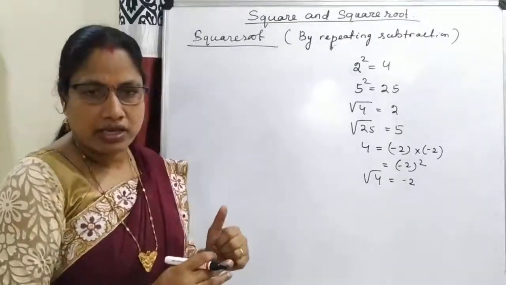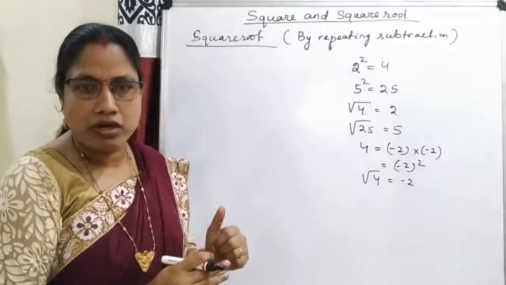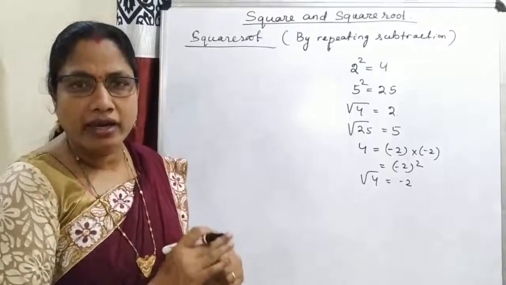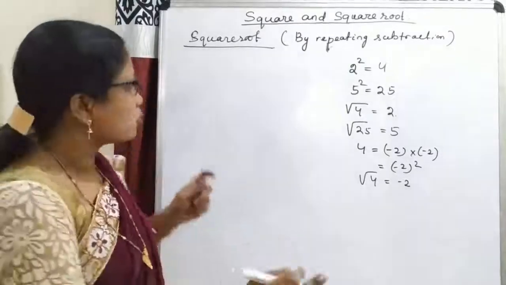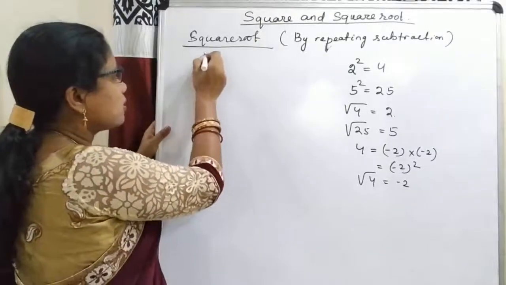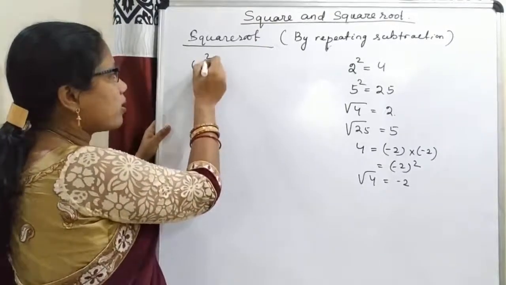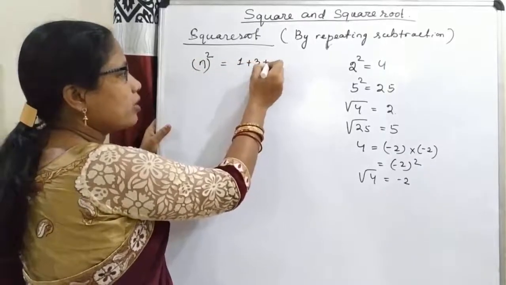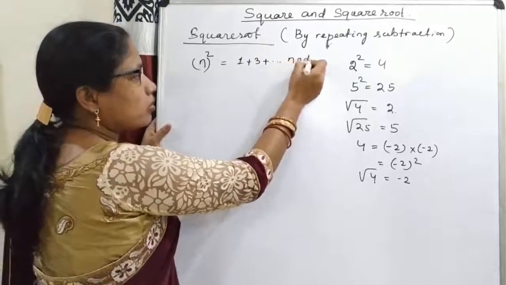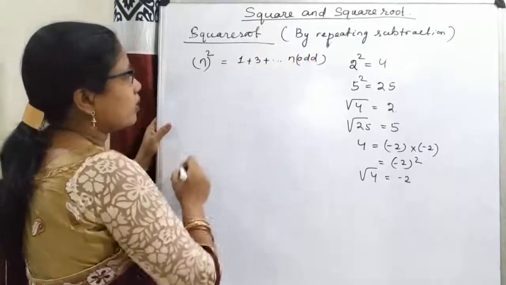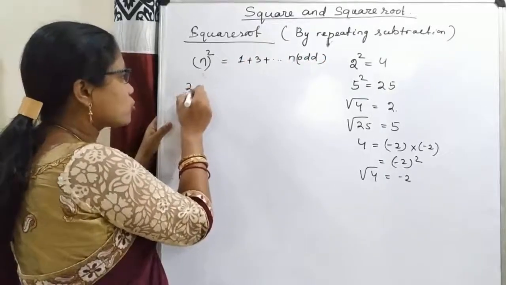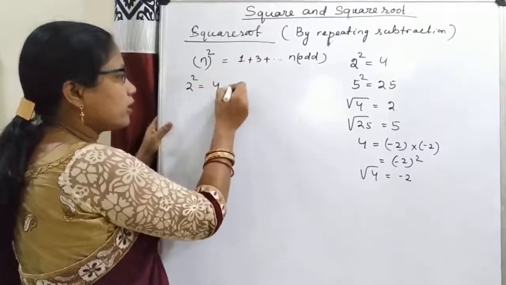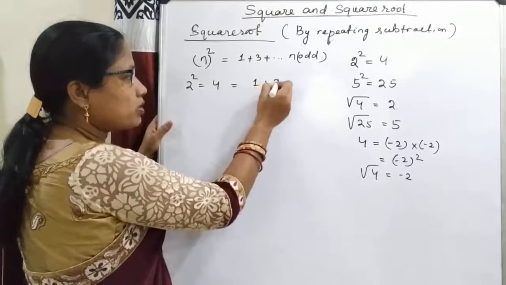In our last class, we discussed the sum of n odd natural numbers. To find the square of a number, we can add 1 plus 3 plus up to n odd numbers. Like this, 2 square is equal to 4, that is 1 plus 3.